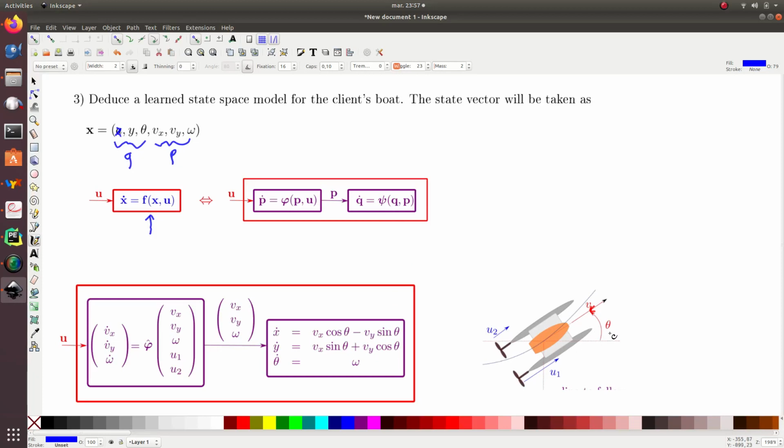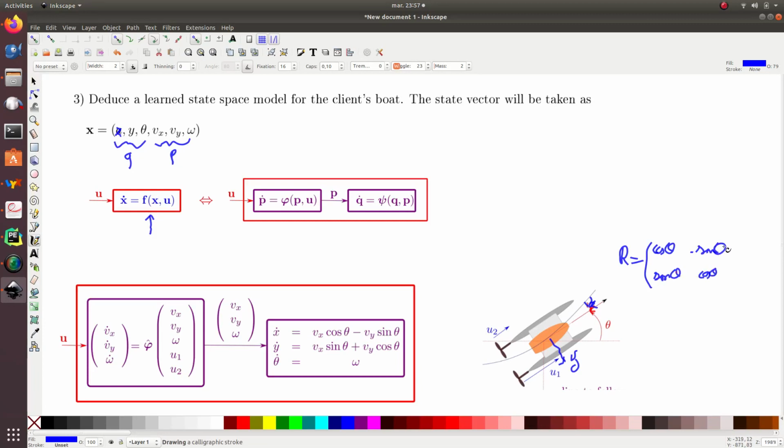I will explain that my boat is here, with theta as the heading. Here I will have Vx, here I will have Vy, and we switch from Vx, Vy to the world frame by a rotation matrix. This rotation matrix R corresponds to cos theta, minus sin theta, sin theta, cos theta.